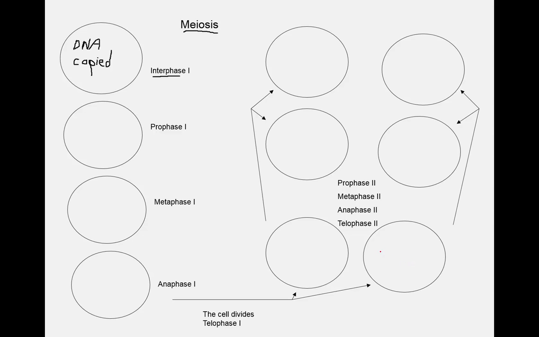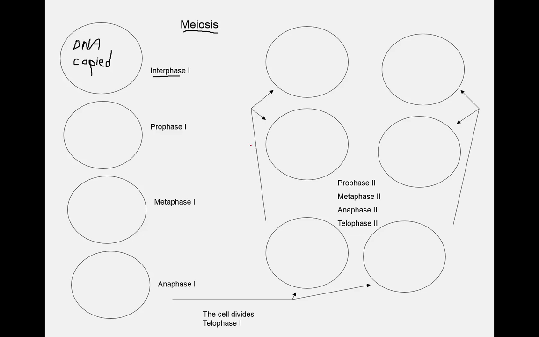And then meiosis 2, which consists of prophase 2, metaphase 2, anaphase 2, telophase 2, is going to take these two cells that we produced in meiosis 1, and each one is going to divide into two others. And so this one will divide into these two, this one will divide into these two, and we will end up with 4 haploid cells at the very end.